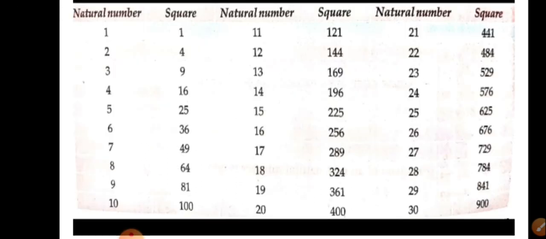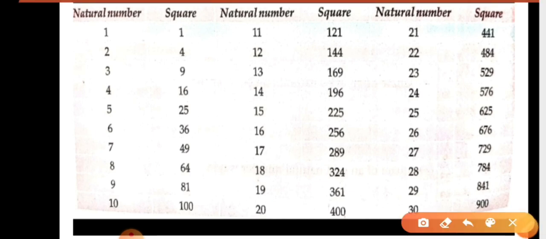Here you can see a table with natural numbers 1, 2, 3, 4, 5, 6, 7, 8 and so on. Square of 1 is 1, square of 2 is 4, square of 3 is 9, square of 4 is 16.